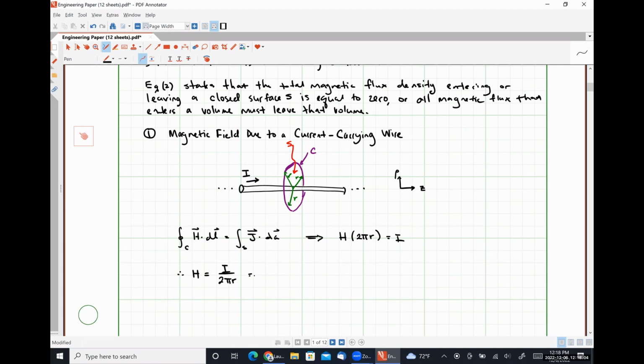Or we could call this I over L, the length of the contour.